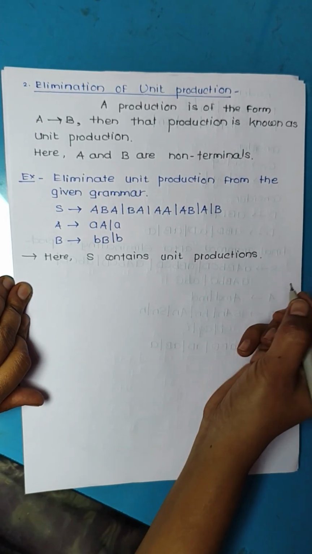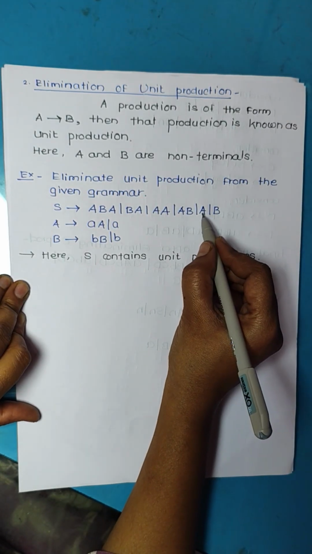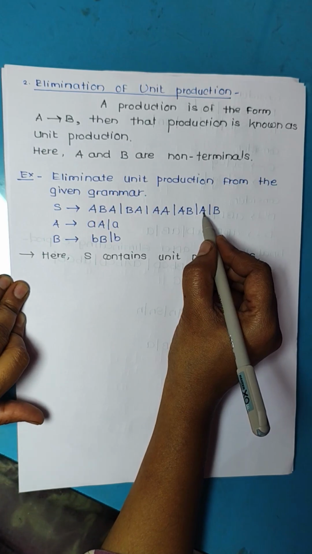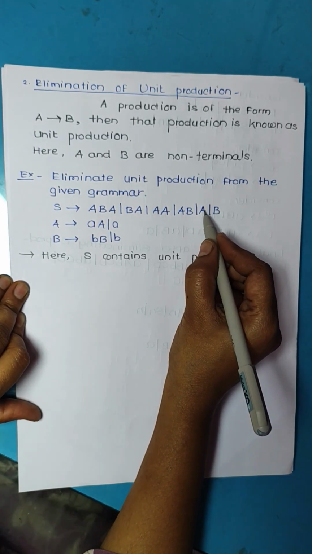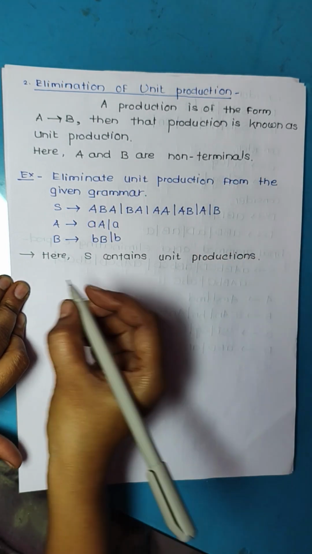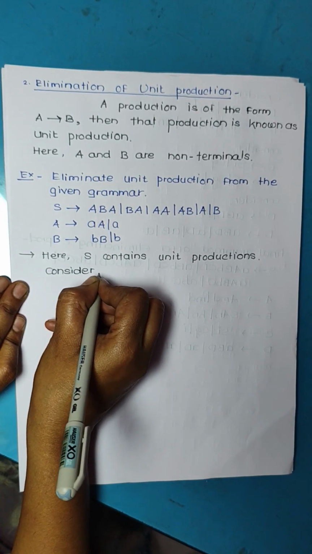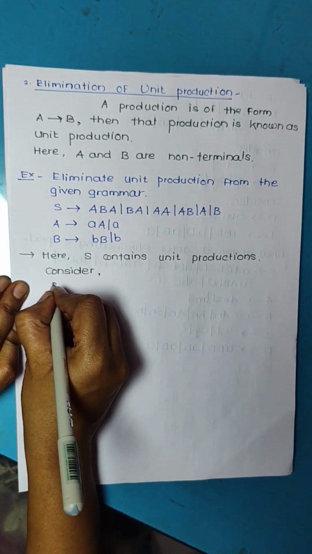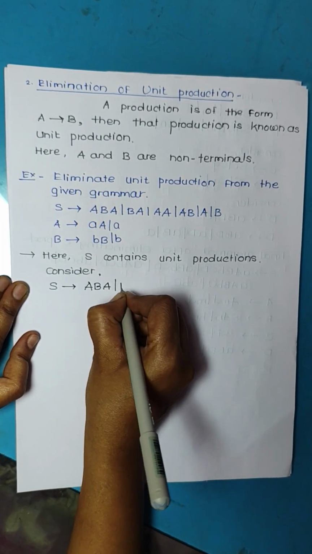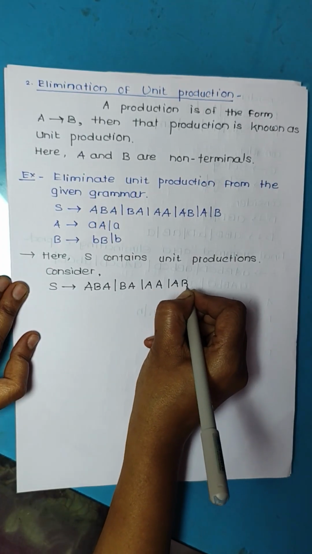So how to remove that unit production? Instead of this unit production or single non-terminal, we have to replace the productions of this single non-terminal. Consider the production which contains the unit production, that is S gives ABA, BA, AA, AB.